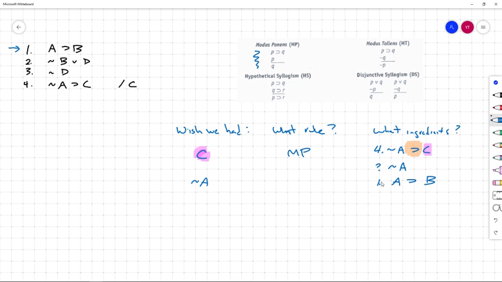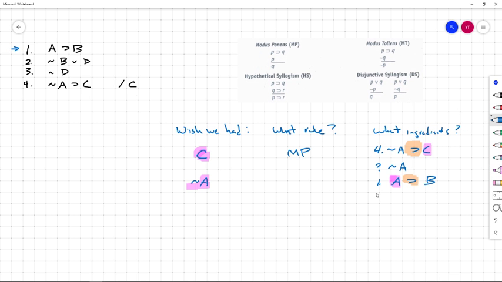And the question is that combo question again: given the ingredient or ingredients that we do have and given what we want, what rule and what additional ingredients are going to get us what we want? Always identify main operators and pay attention to them. We have another conditional, great. And this time, the sentence that we want is a negation, of course, but it's the negation of the antecedent.